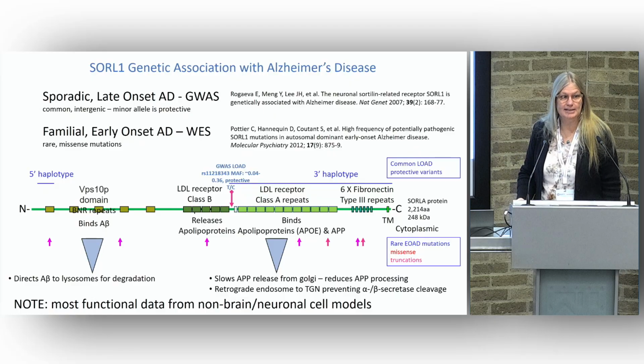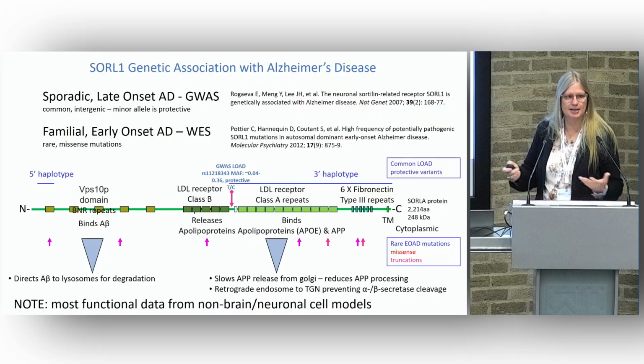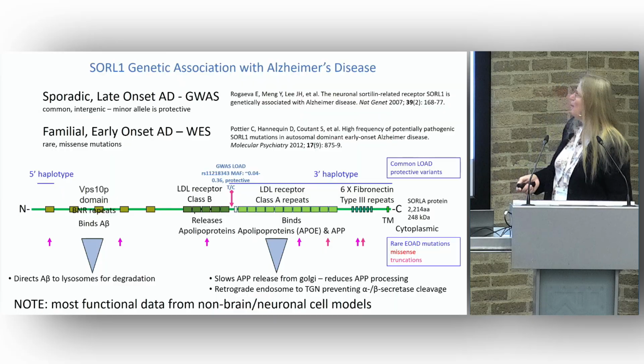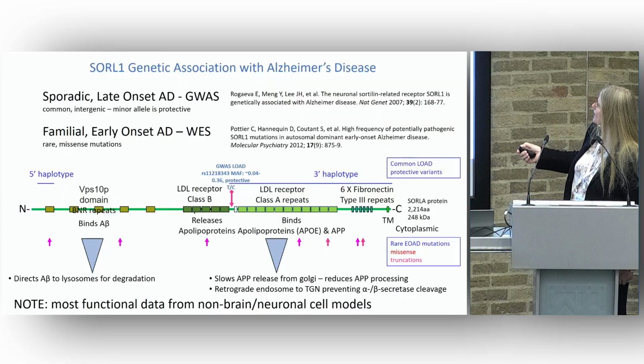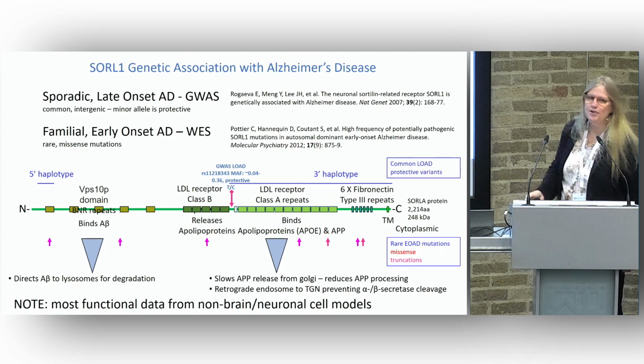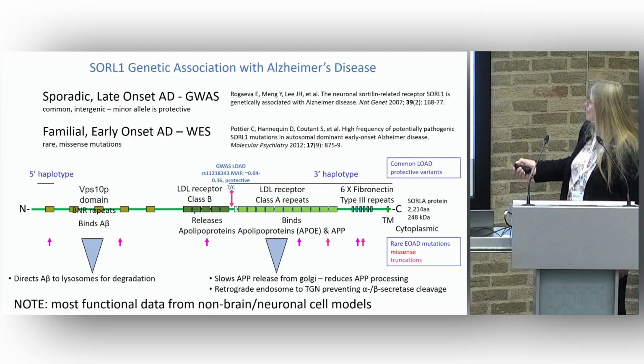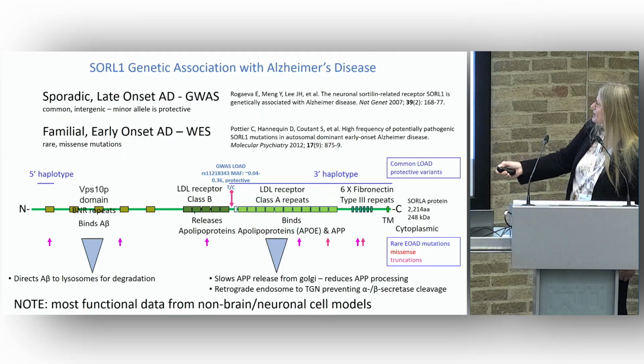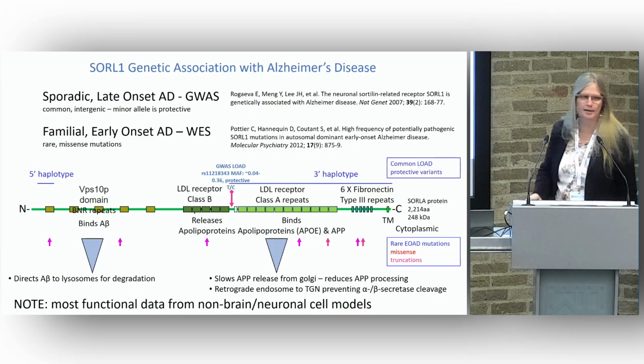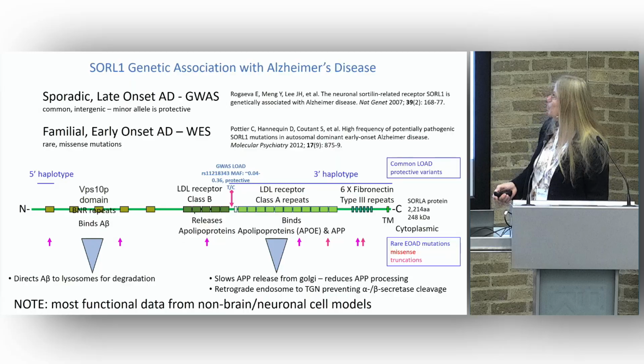It's considered to be an endocytic protein, so it probably is sitting there receiving the apolipoproteins as they come into the cell. But not only is it associated with sporadic disease, it's also been described, not so recently, in 2012, that there are rare familial missense changes that either change amino acids or lead to truncations, and these are distributed throughout the SORL1 protein, with no particular bias towards any particular motif.